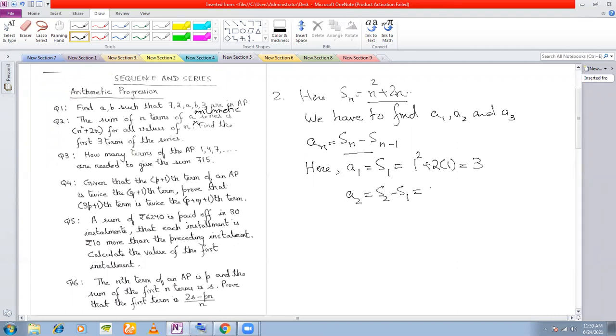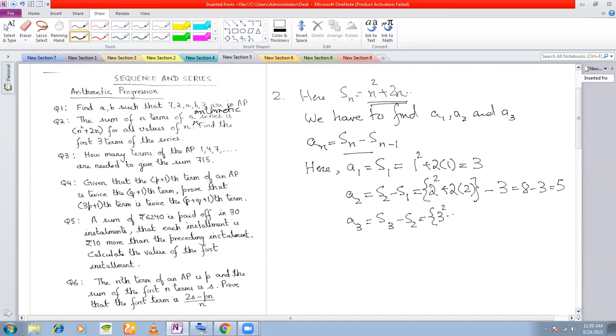And S2 is, put it here, again, 2 square plus 2 into 2 minus S1, which is 3, so how much? 8 minus 3, no? 5.